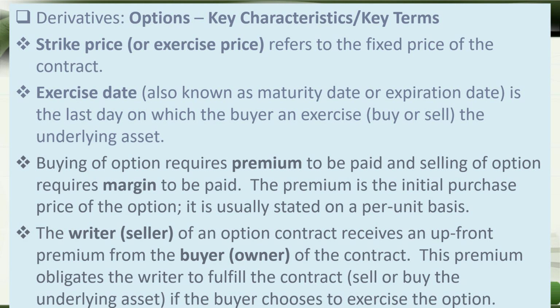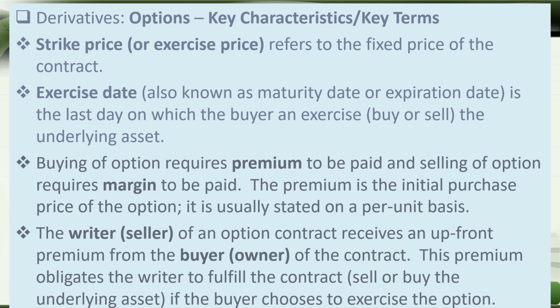Buying an option requires a premium to be paid and selling an option requires margin to be paid. If you are buying an option, you have to pay some premium as a cost for that, because maybe you will be getting a good profit margin on that, so you pay a better price.